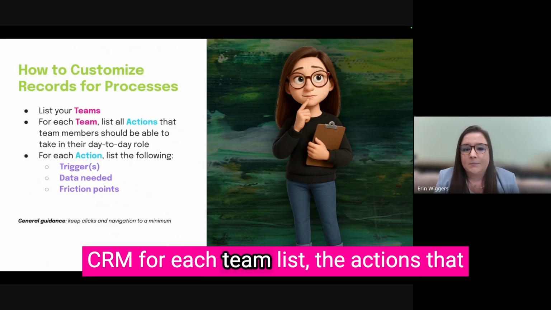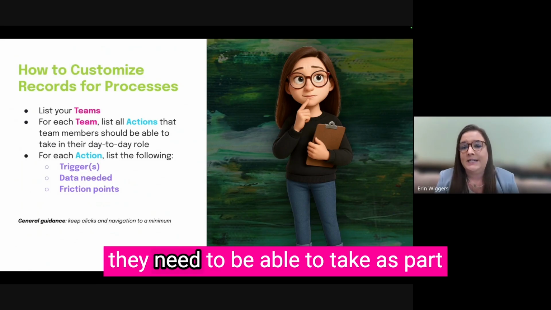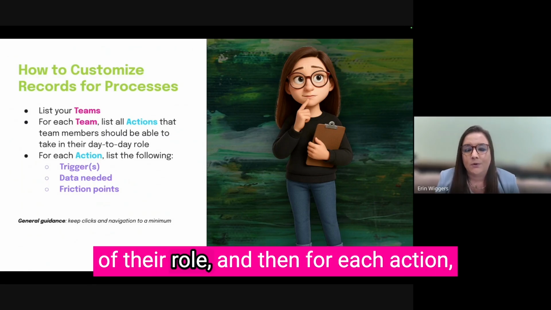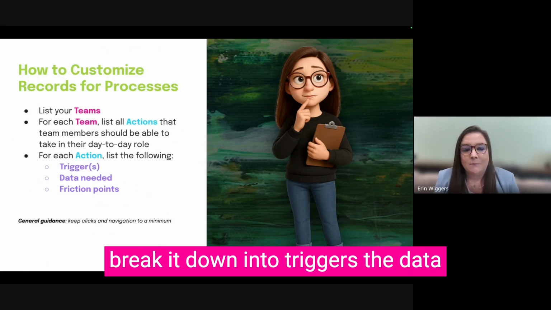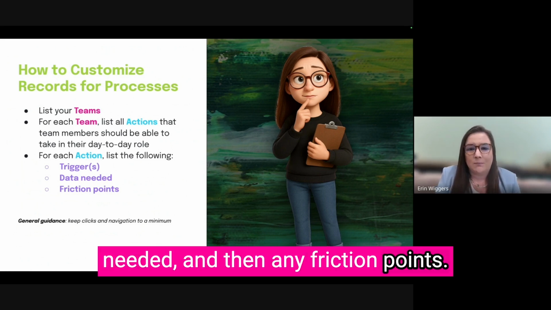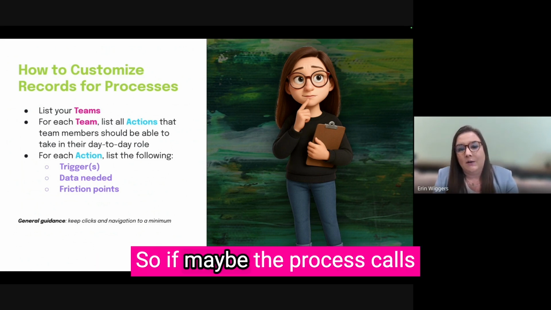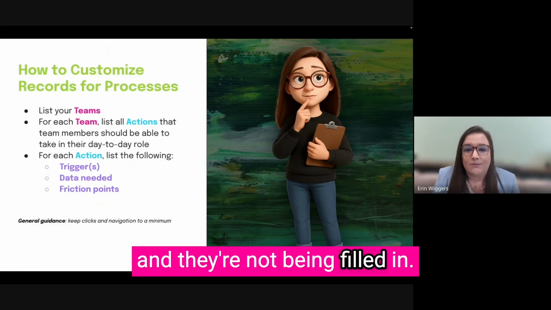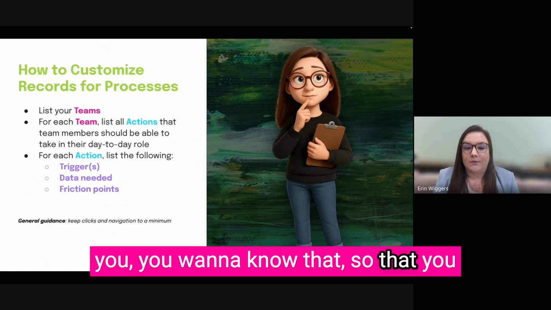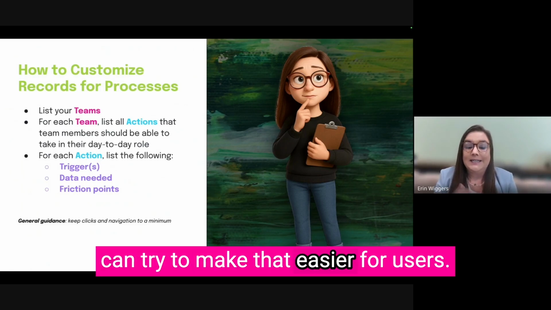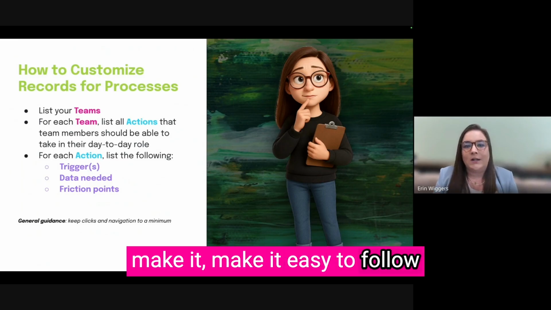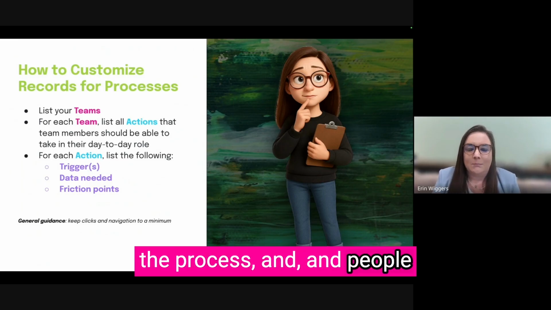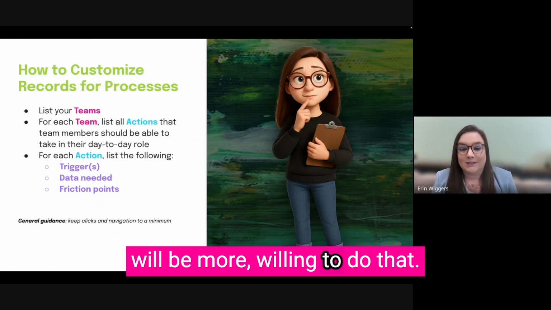For each team, list the actions they need to be able to take as part of their role. Then for each action, break it down into triggers, the data needed, and any friction points. So if the process calls for filling in certain data points and they're not being filled in, you want to know that so you can make it easier for users. Make it easy to follow the process, and people will be more willing to do that.